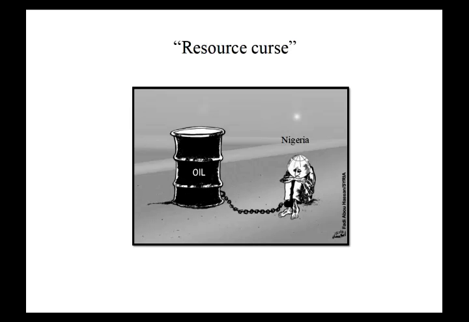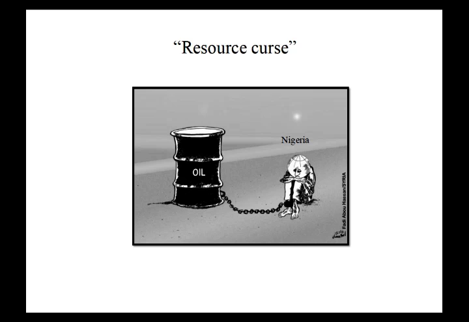However, during the last 2 decades, many scholars are believing exactly the opposite. They think that the fact that you have natural resources like oil is actually a disadvantage. It's a curse for economic development. Now, why Nigeria?